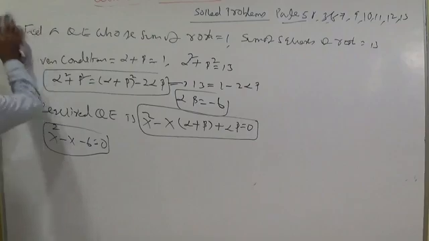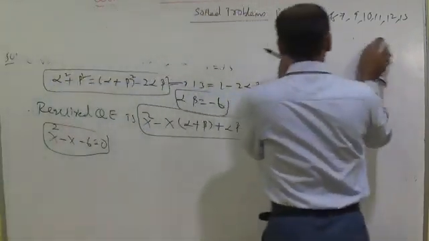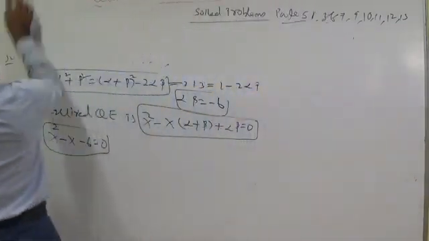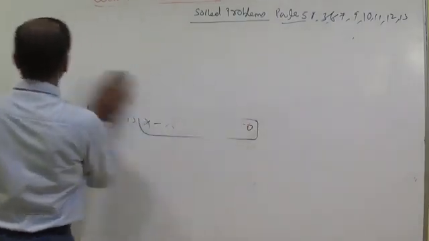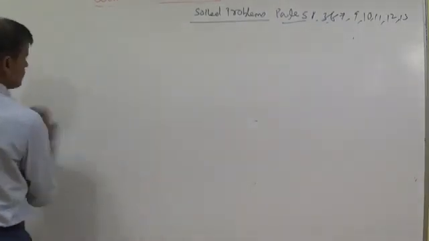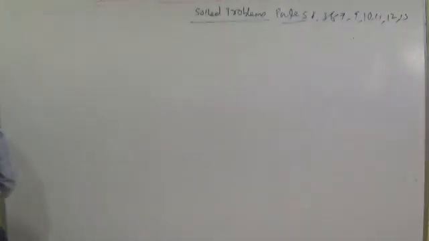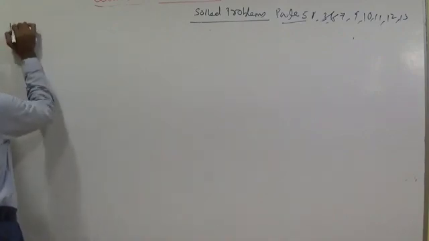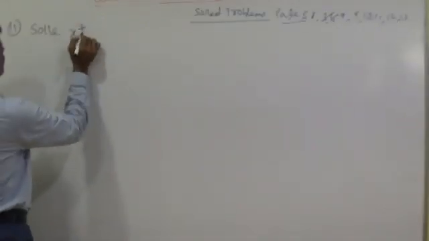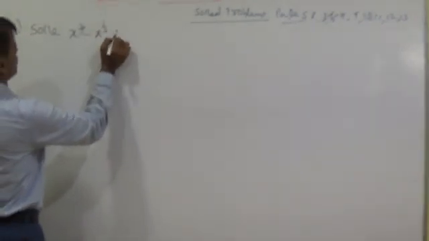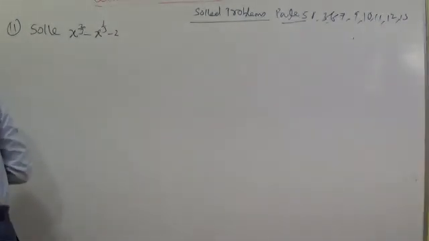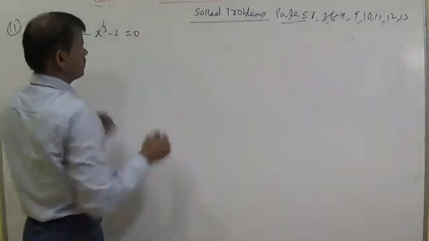Now let us discuss 11th question. Solve x power 2 by 3 minus x power 1 by 3 minus 2 equal to 0.